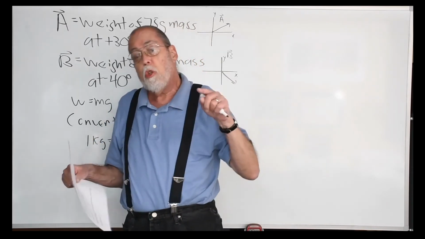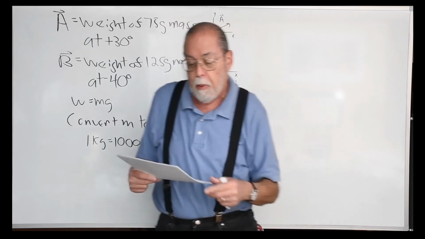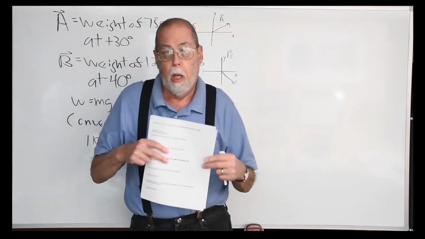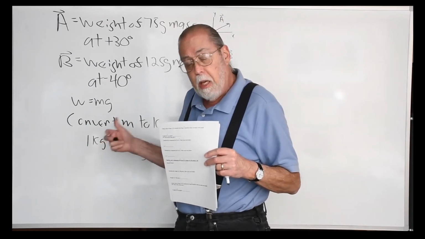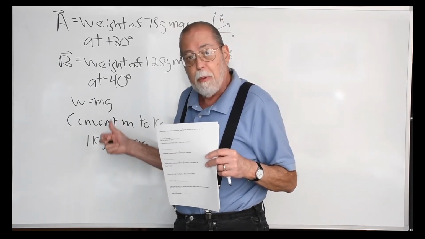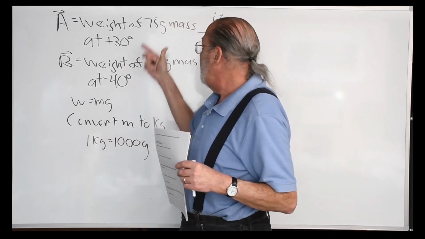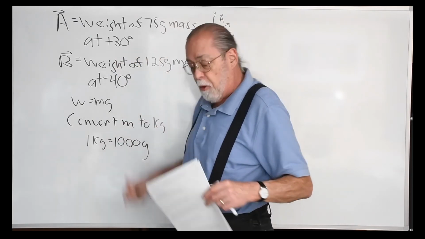since we're going to use it in the second part of the lab, I ask you to find the length needed on a graph to represent the weight of a 75 gram mass at 30 degrees.